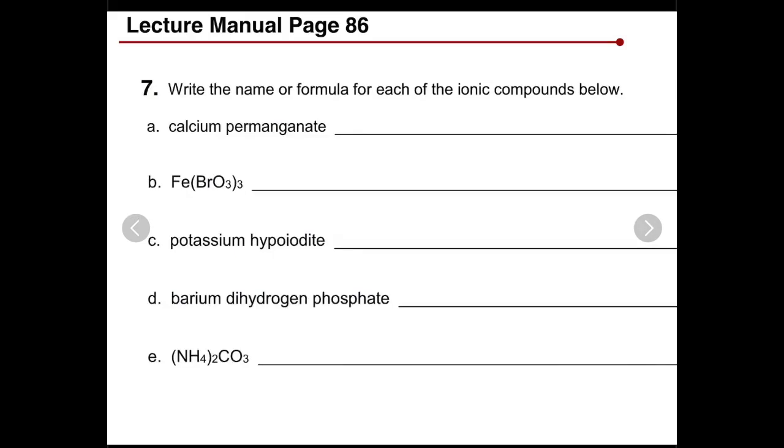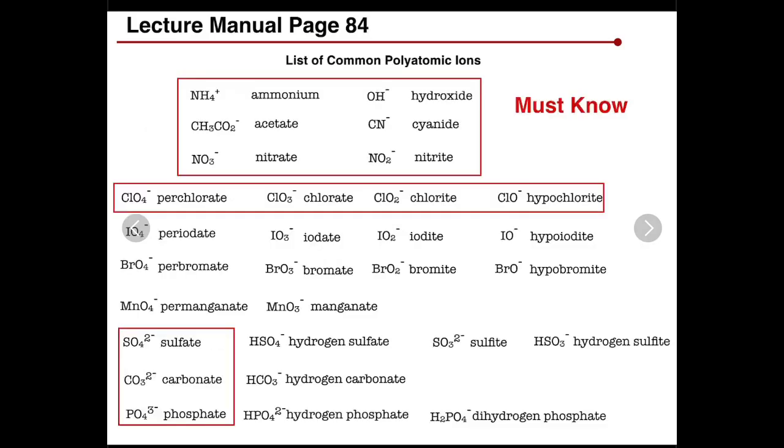All right, number 7. This one is going to involve the polyatomic ions. So we need to use the list that's given on page 84 to help you with this. Calcium permanganate. If you're looking at permanganate, it would be this one right here. This is the permanganate, MnO4 minus.